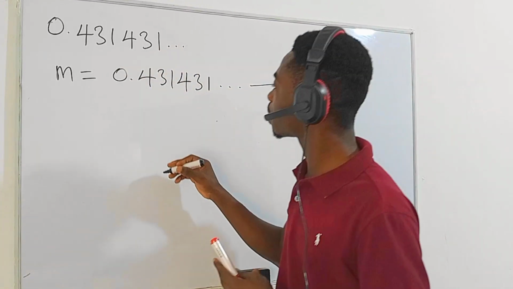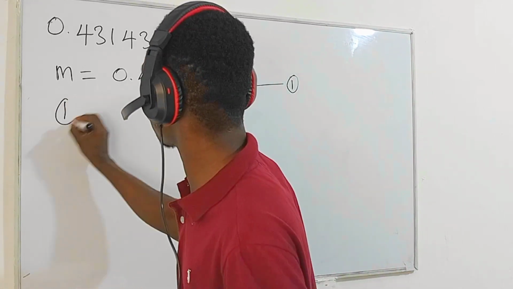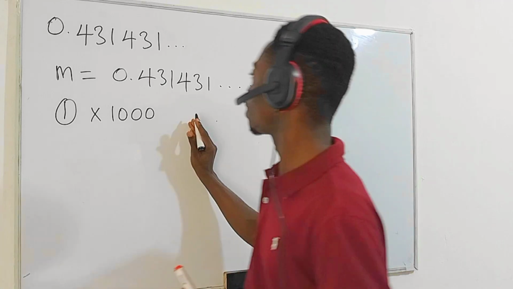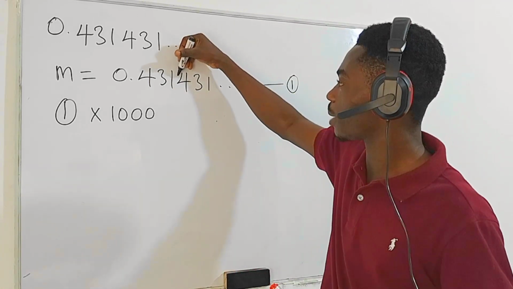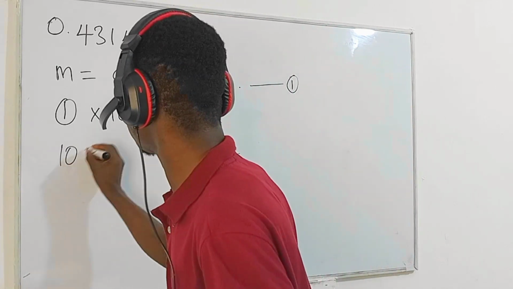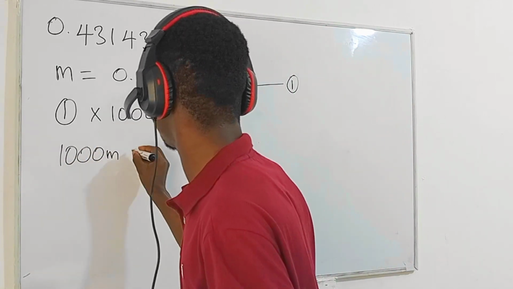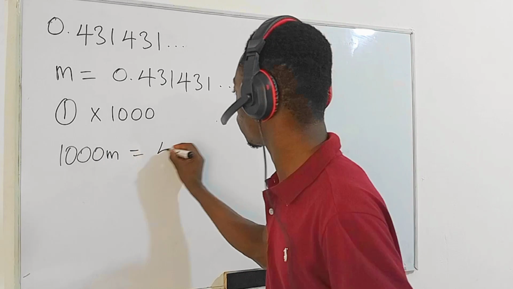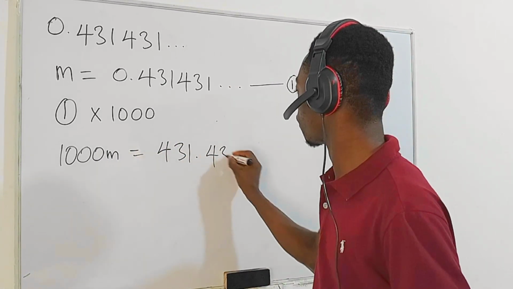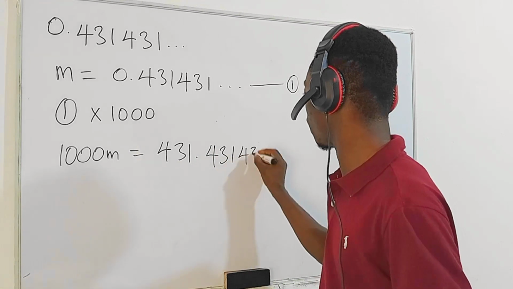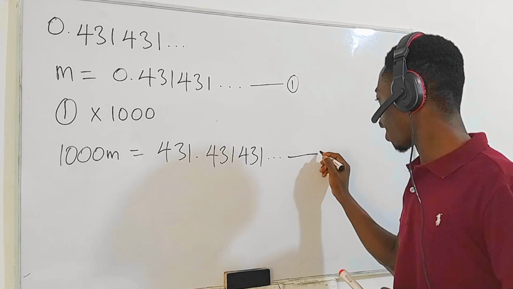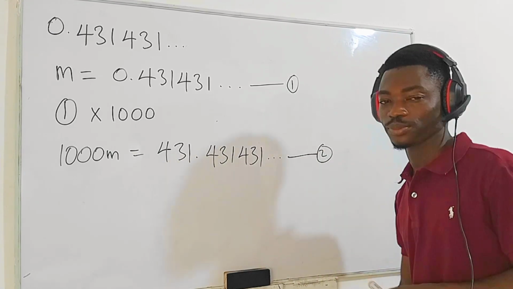So what I'll do is say equation 1 times 1000, simply because I want the decimal point to come somewhere here. So we are going to have 1000 m is equal to 431.431 up to infinity. And this will be our equation 2.